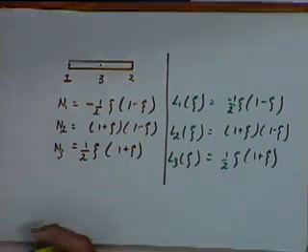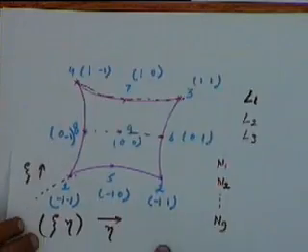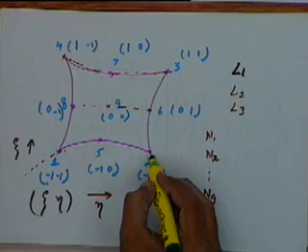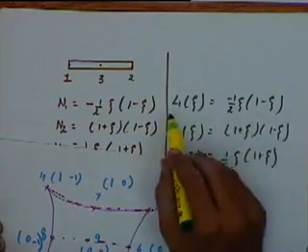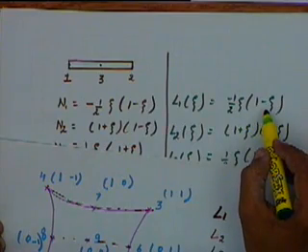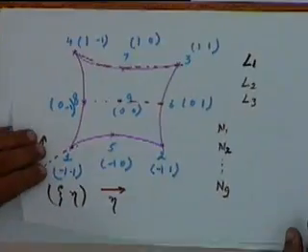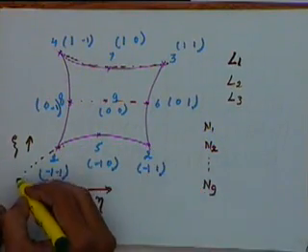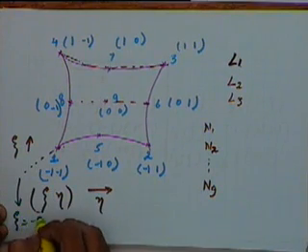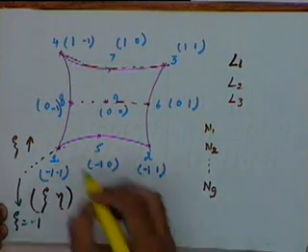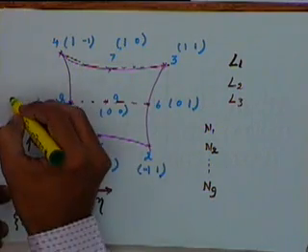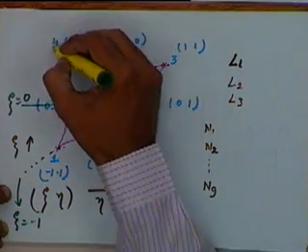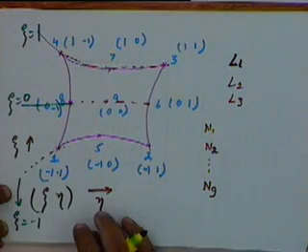That means L1 is defined along this line. If I consider this line, it is zeta equal to minus 1, this line is zeta equal to 0, and this line is zeta equal to 1.